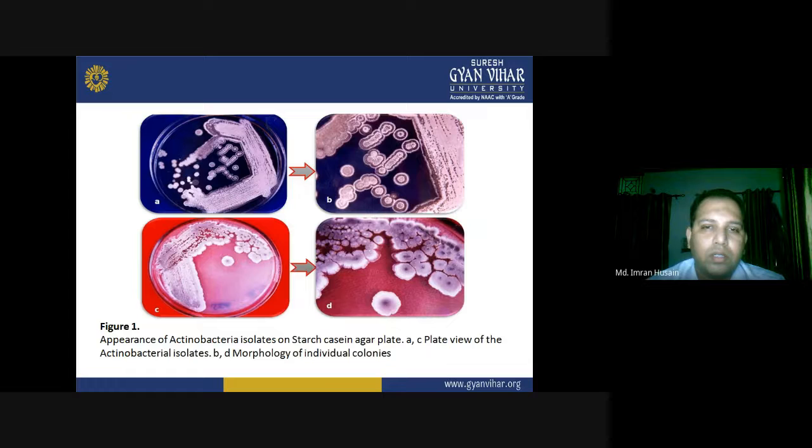So here in this image, you can see the appearance of actinobacteria isolated on starch casein agar plate in the first image. And image C, plate view of actinobacterial isolates. So these are the pure cultures. And B and D indicate the morphology of individual colonies, how individual colonies are different from each other.